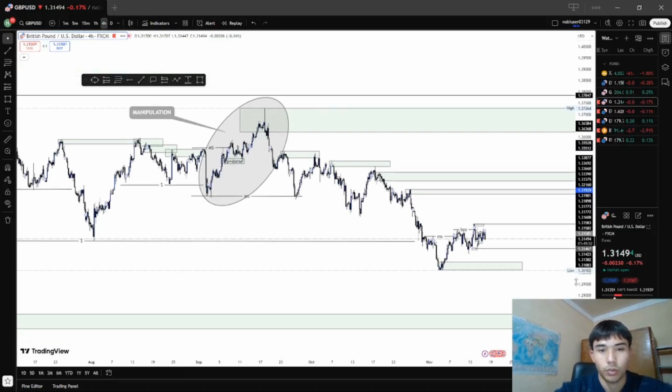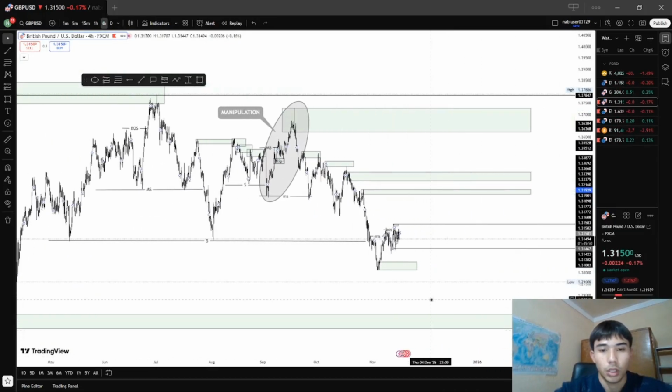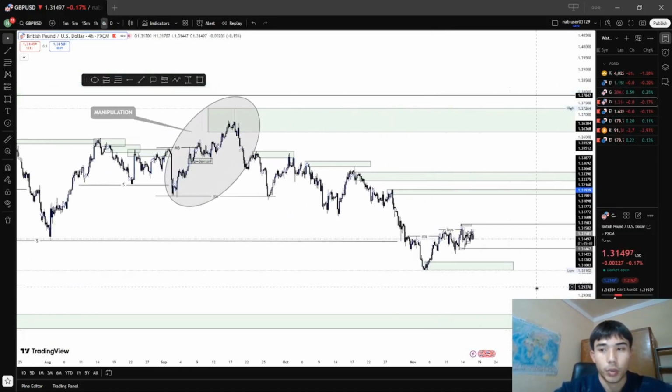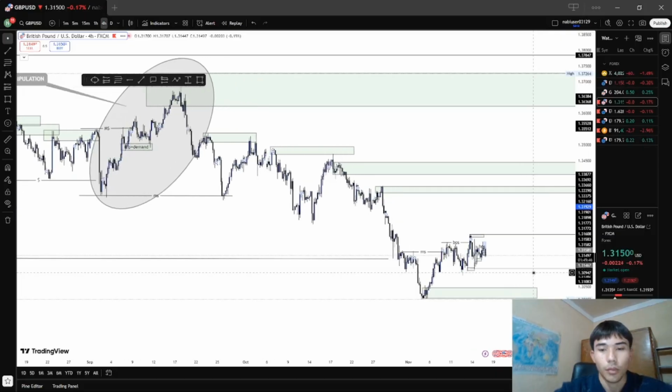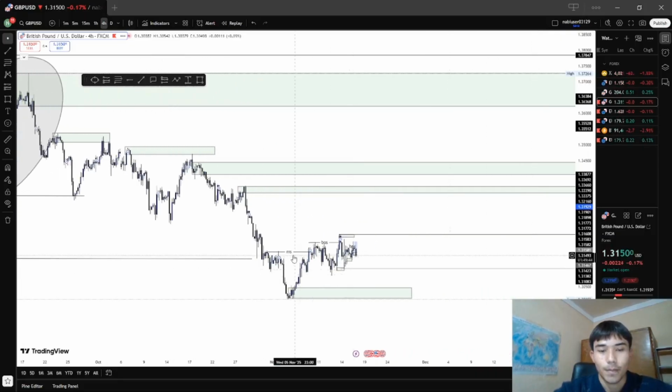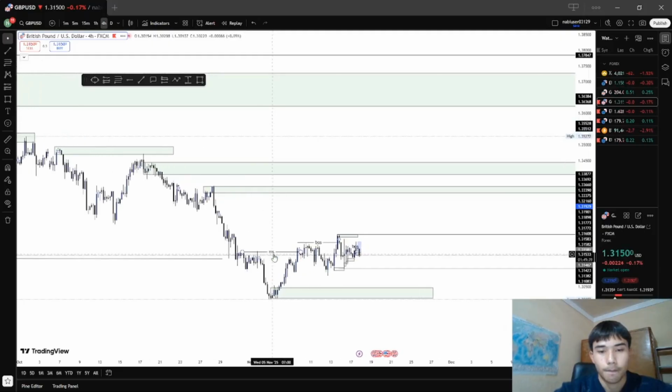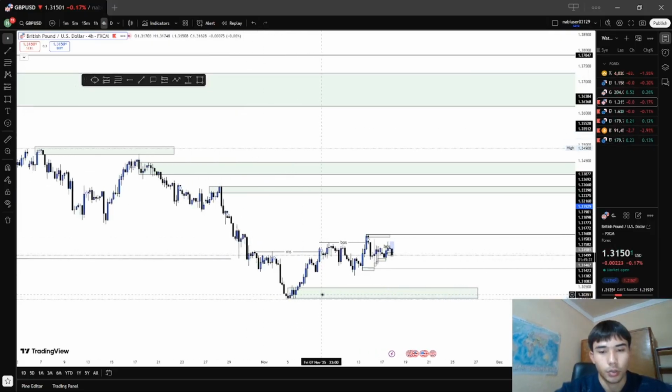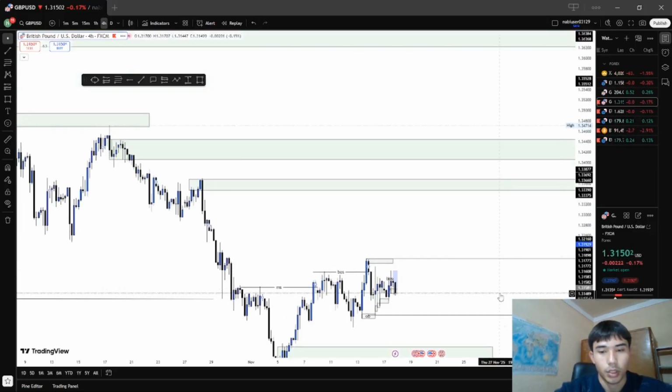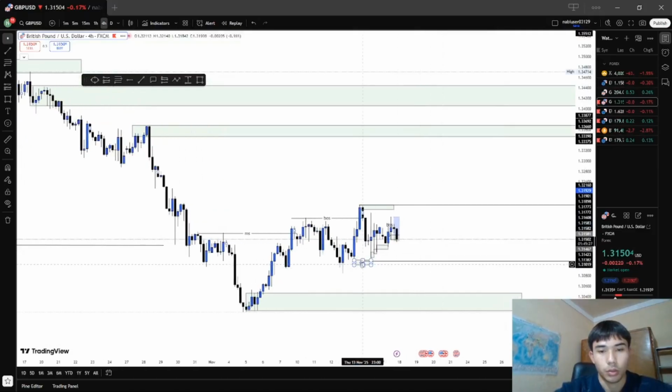And what did we do? We swept all the liquidity and showed a really good market shift because of this V-shaped reaction and small candles, which shows us a liquidity sweep.